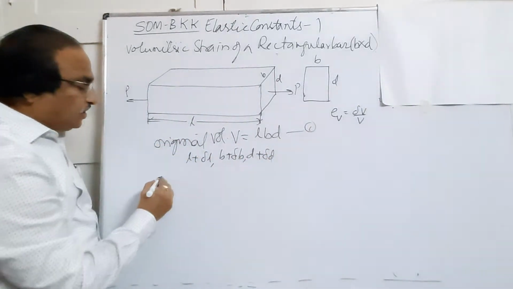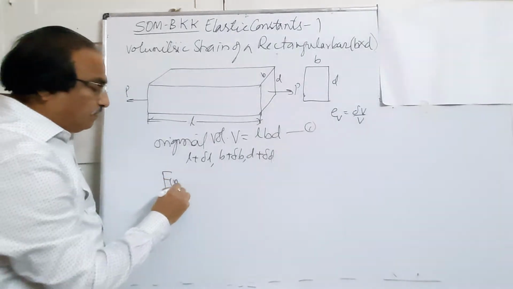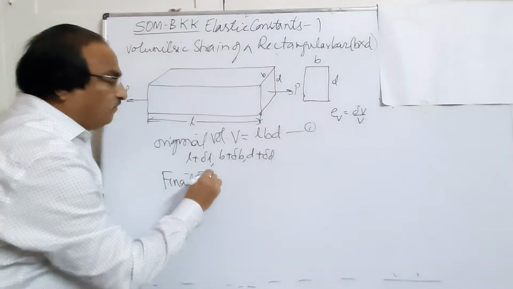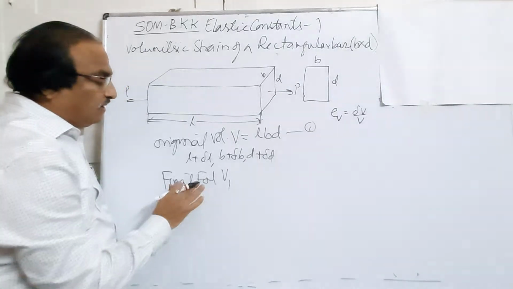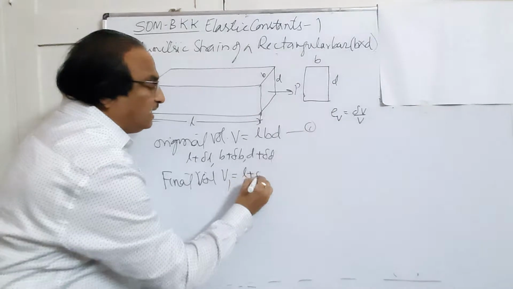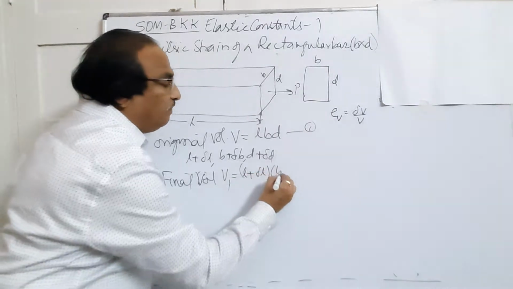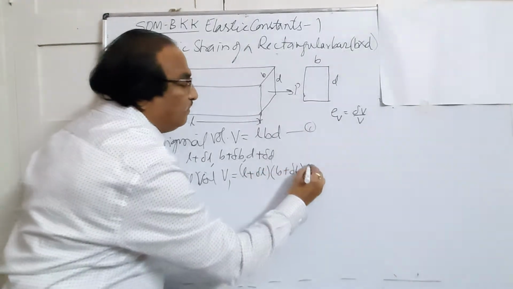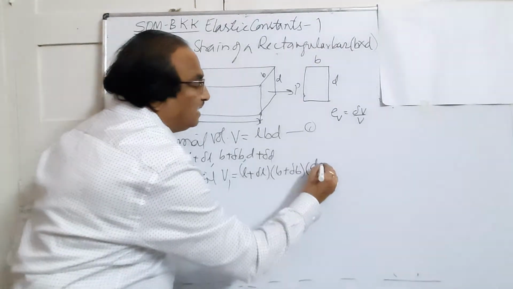Now here the final volume, if I call it V1, will be equal to L plus delta L into B plus delta B into D plus delta D.